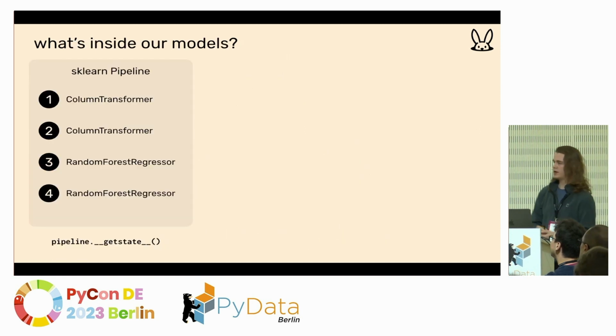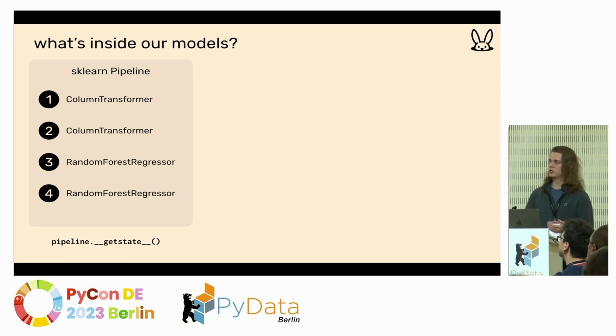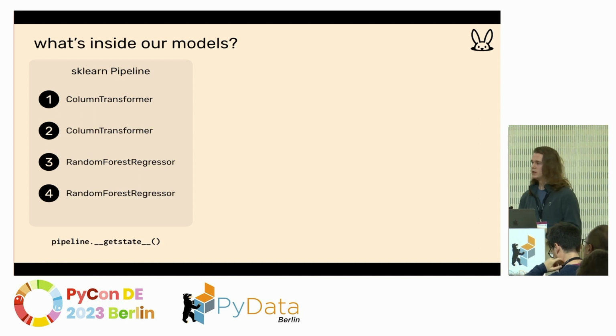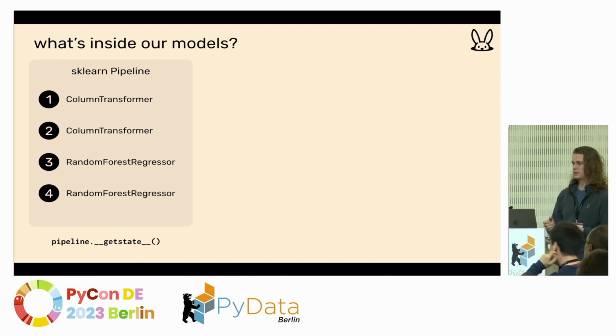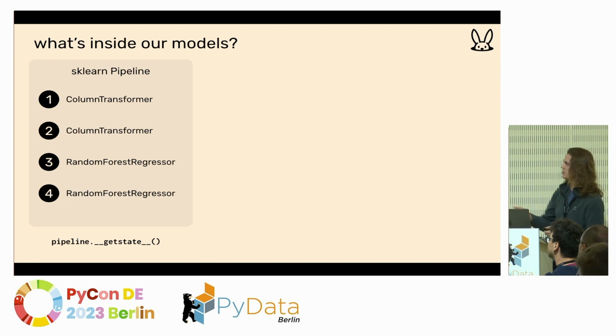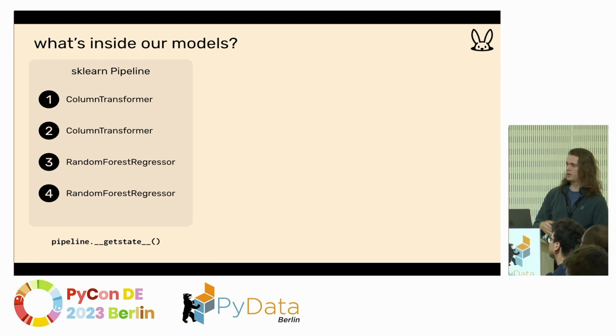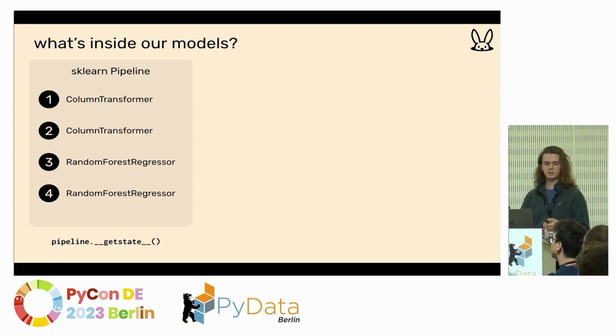Yeah, so now let's take a look at what is actually inside of our models and how they get stored by the pickle module. What the pickle module does is call the __getstate__ magic method in Python. In our example, we had an sklearn pipeline, which consists of multiple steps.